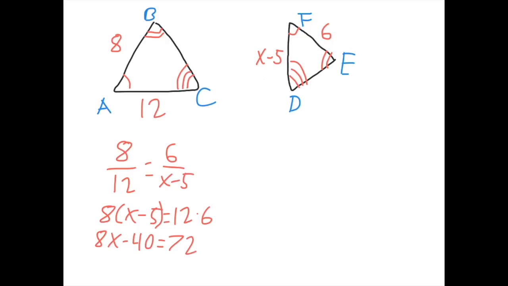So then add 40 to both sides. That will give you 8x equals 112.